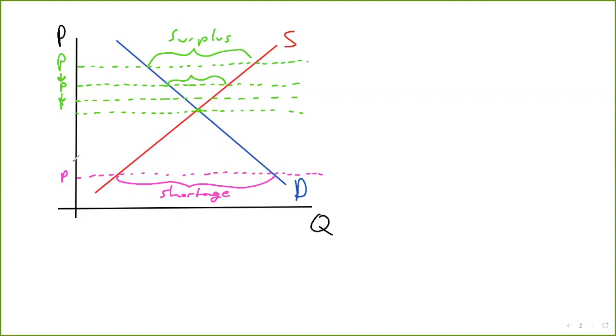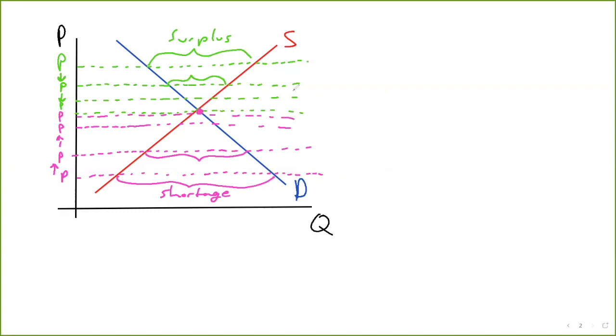They can increase price since they're selling out of their goods. They increase price to increase profitability, which in turn lowers demand. As prices rise, demand lowers and the shortage decreases. And we keep doing that until eventually we reach the equilibrium price.